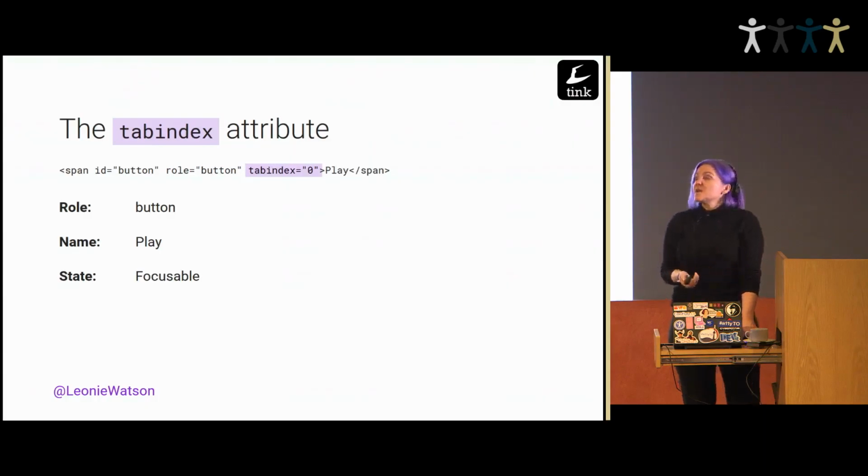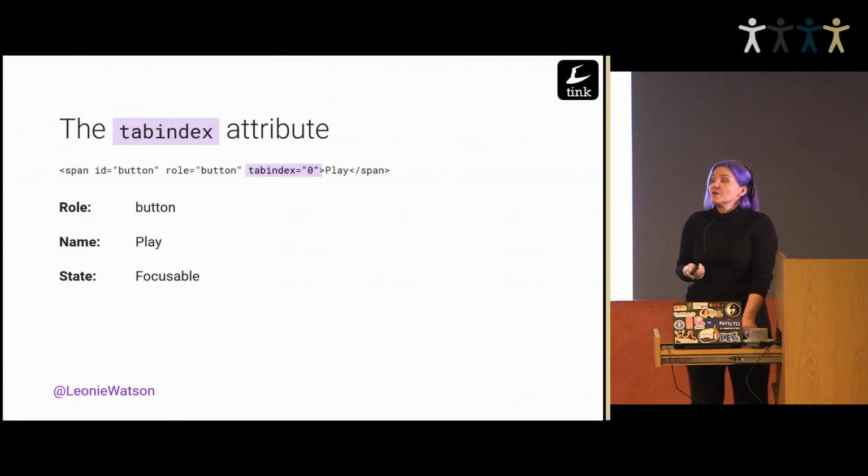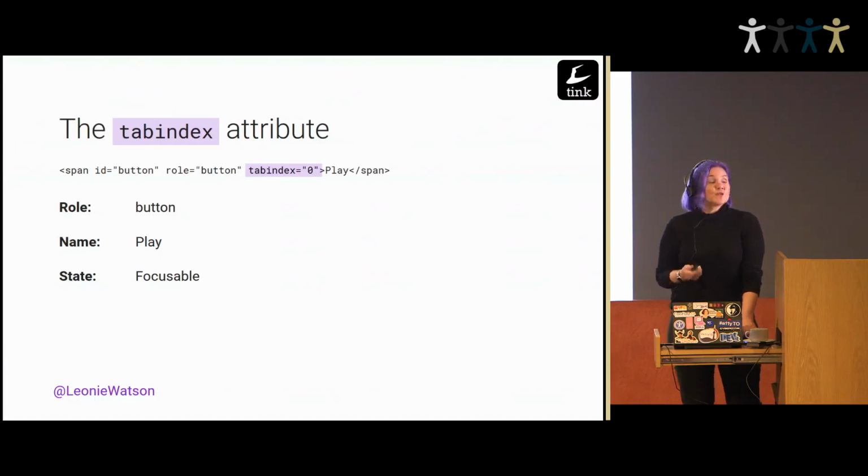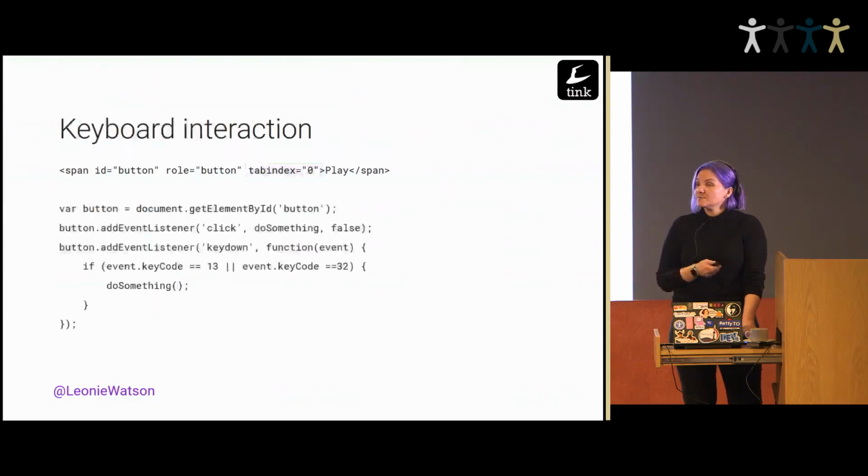We can use tabindex with 0 to start fixing some of the keyboard support. Tabindex 0 will make it focusable, so someone who's using a keyboard can tab onto it now, which is a good first step when you actually want to do something with a button. This also means that speech recognition tools will be able to focus on it with much the same result. They'll be able to actually start interacting with the button. We do need to provide the interaction.